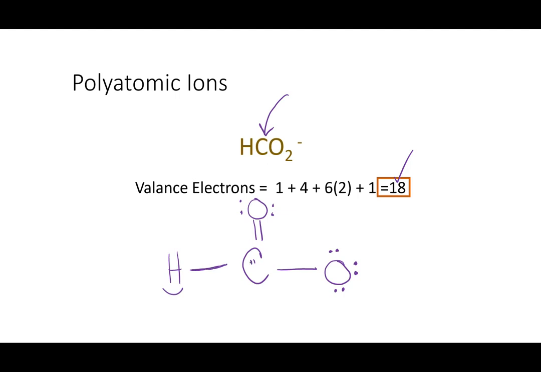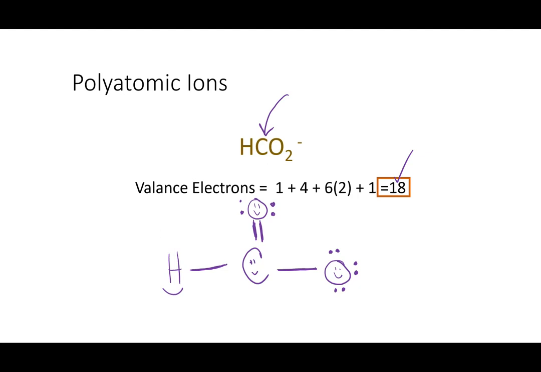Carbon has 8, so now he's happy. Oxygen has 8, he's happy. And this guy has 8, and he is happy. So here is our Lewis structure for this polyatomic ion.